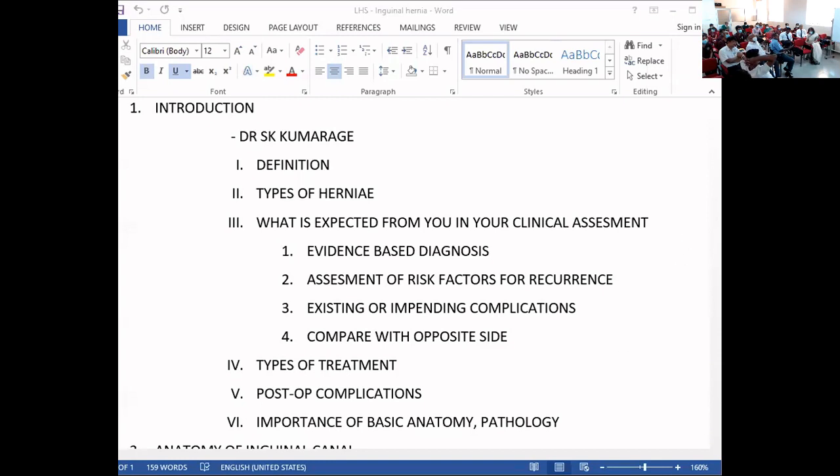Then the existing or impending complications. Here, the important complications are irreducibility or incarceration, strangulation, and obstruction. Then for things like inguinal hernia and femoral hernia, where this anatomical site is duplicated in the body, it is important to compare the opposite side.